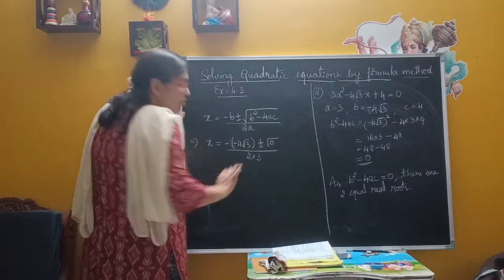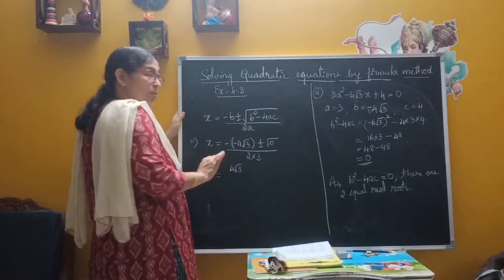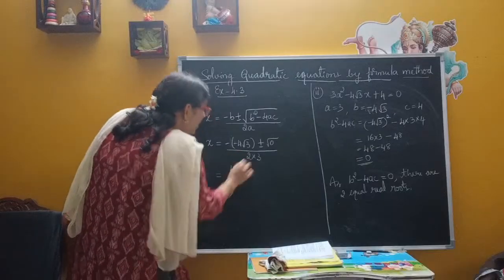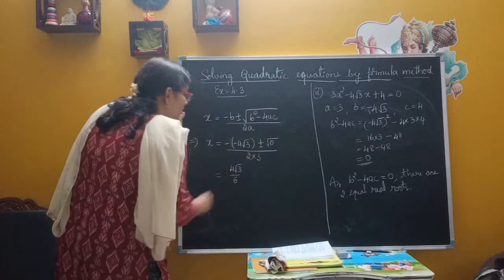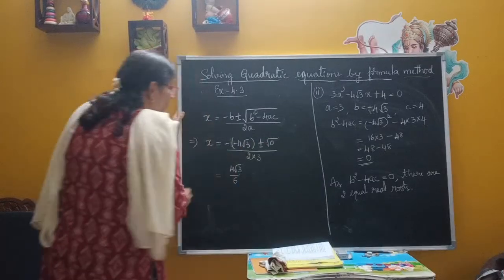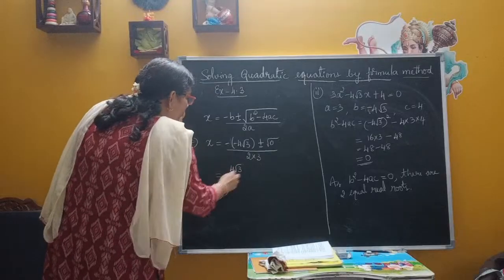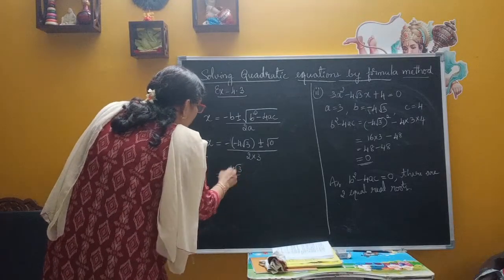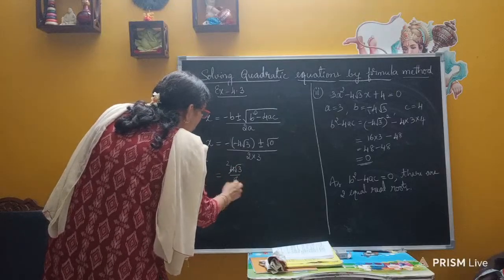Plus or minus, yes, root 0 is 0 only. Plus or minus 0 is the number itself here. 4 root 3 by 2 3s are how much? 6. So x is equal to 4 root 3 by 6.